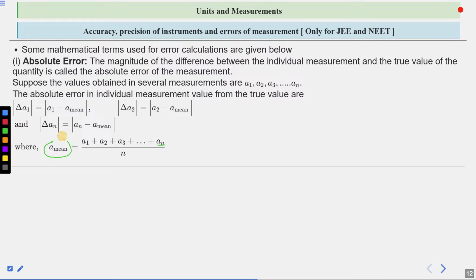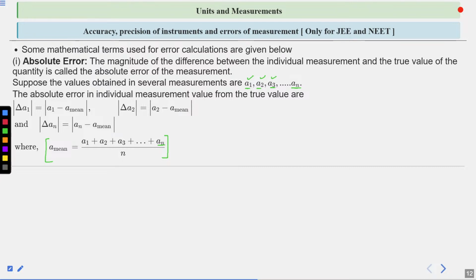So this is the formula to calculate the mean value of the given data. Here we have measurement values A1, A2, A3 and AN. How many values? There are n values, A1, A2, A3, A4, A5 and so on. So we consider total n measurements here.